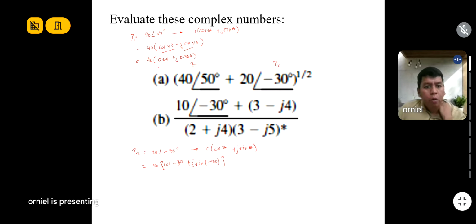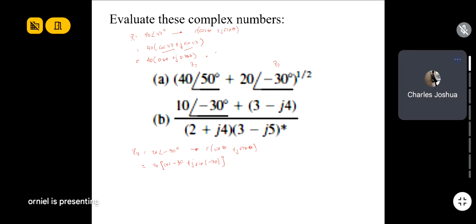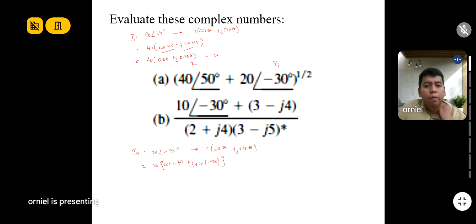Now multiply by 40. 40 times 0.64 is 25.6, sir. 25.6 plus J, what is 40 times 0.766?